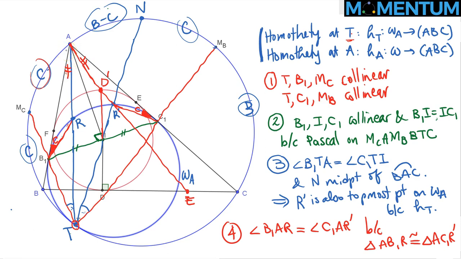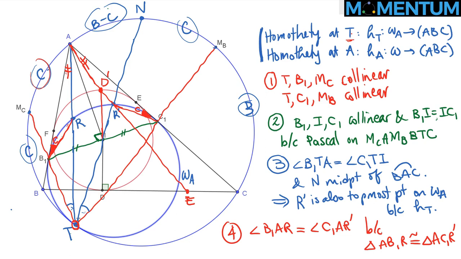Boom. So that's an alternative construction of this touch point. Usually the way that I construct the point T would be to rather draw perpendiculars from B1 and C1 and let them meet on AI, and that would be the center of the circle, and then draw the circle. But that's an alternative construction.